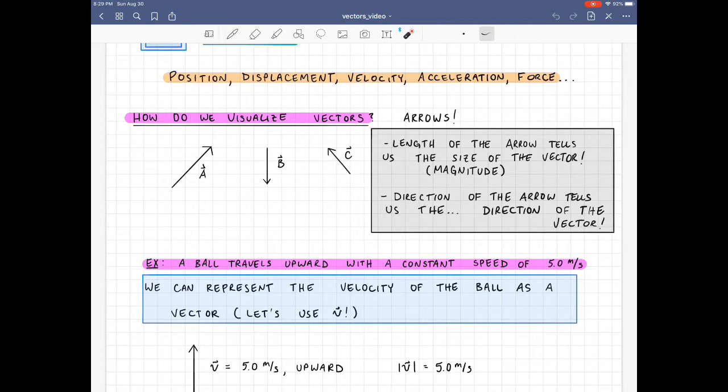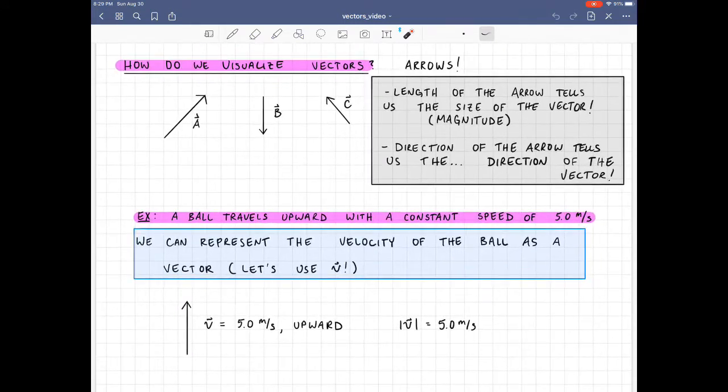You can think of A, B, and C here as displacement vectors or velocity vectors. The really great thing about this graphical representation is that the vector A can be any physical quantity. It could be a velocity vector, it could be an acceleration vector. Graphically or geometrically, you're going to draw it the same. It's just going to represent a different physical quantity depending on the specific problem.